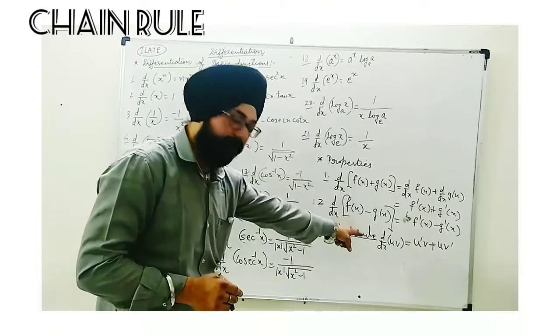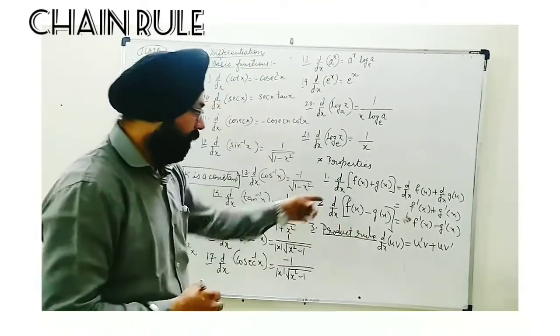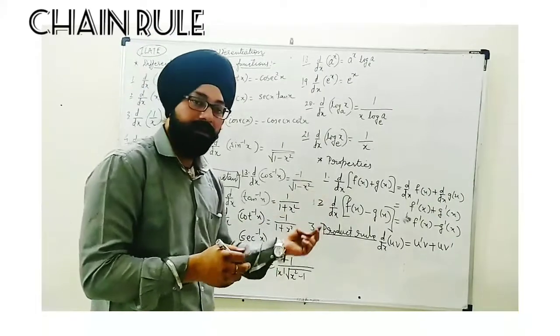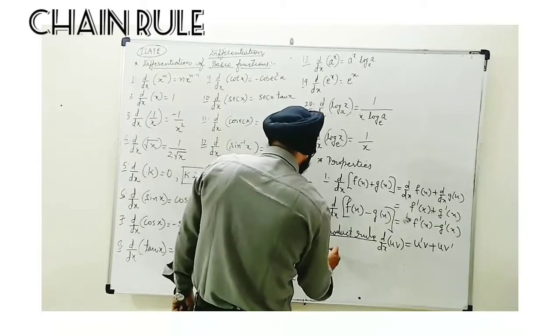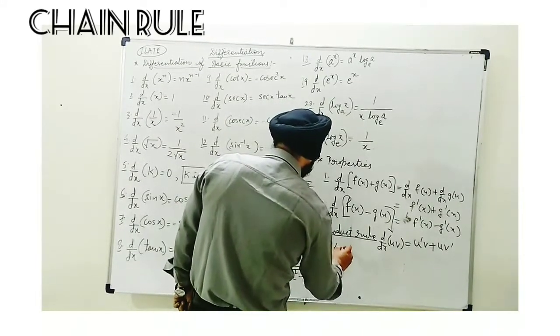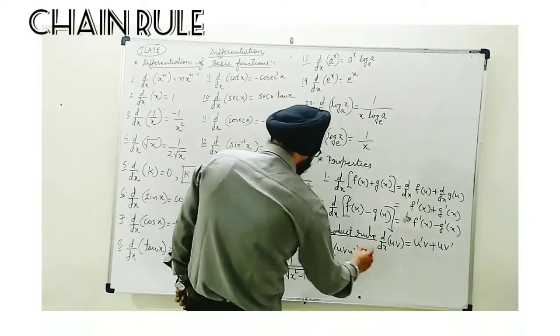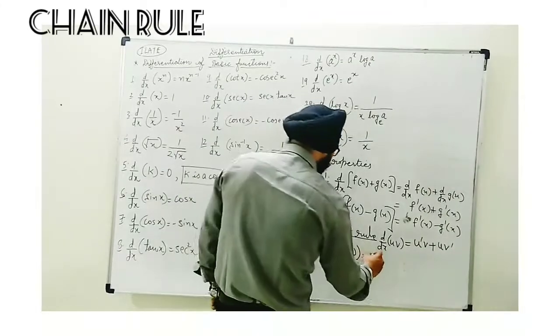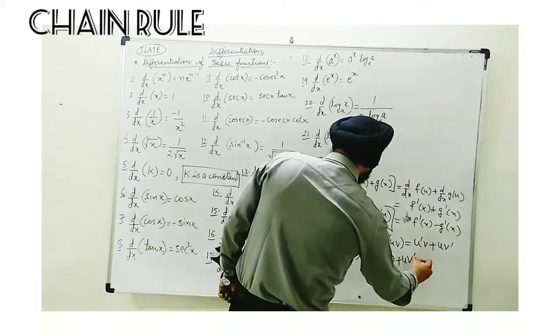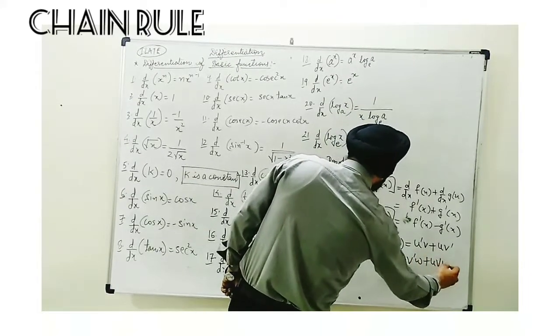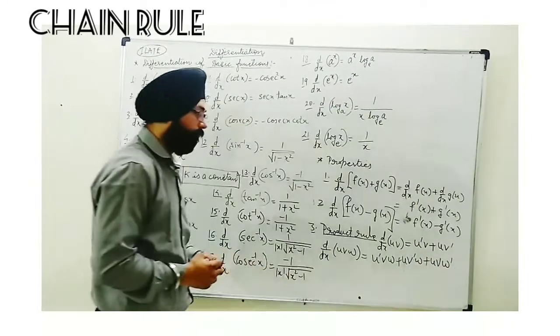Don't forget u and v are functions of x only. Now this is not limited to two functions. Suppose you are given to differentiate the product of 3 functions, u, v, w, then one by one we have to differentiate: u dash v w plus u v dash w plus u v w dash.